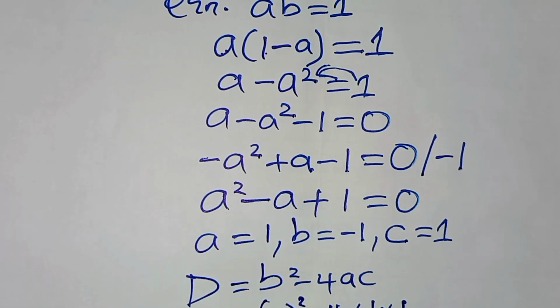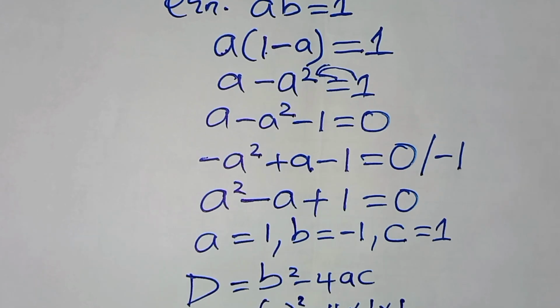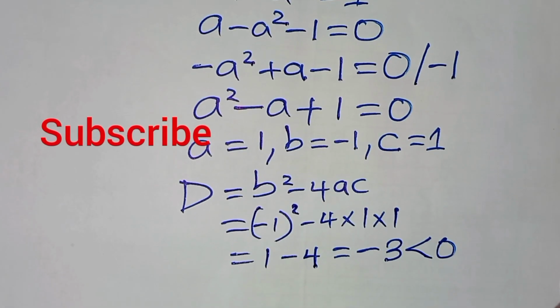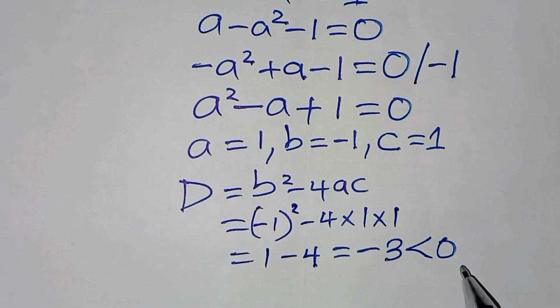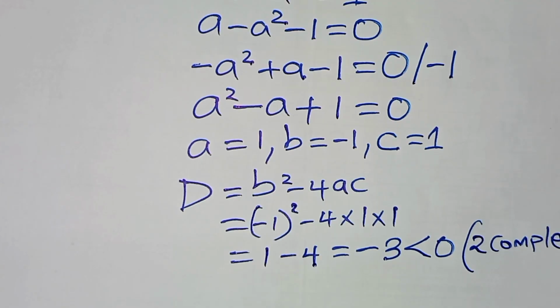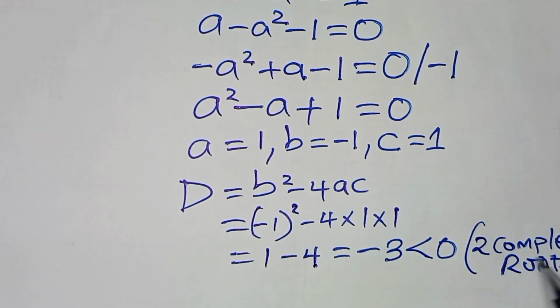So this is negative 1 squared, this is 1, subtract 4, and this is equal to negative 3. So negative 3 is less than 0. That means that we have two complex roots here.